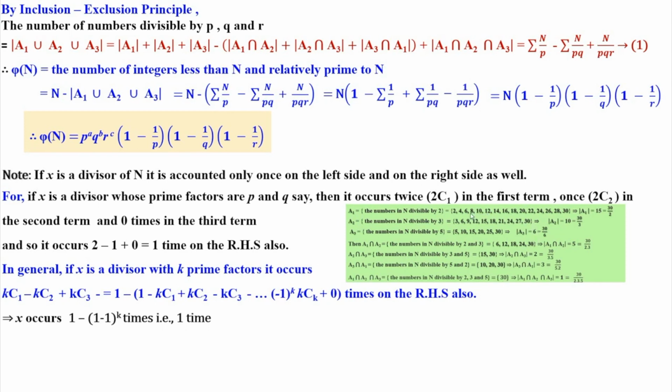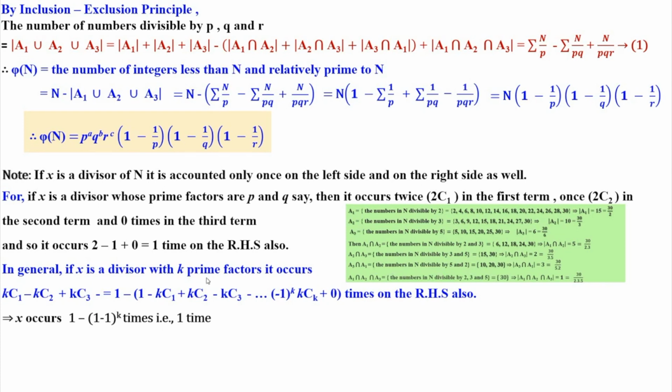So we have 6 occurring twice, so we have written 2. And here 6 occurs only once, so we have written 1. And you don't have 6 in the last one at all, so we have 0. So this is the case of 6 with 2 and 3 as prime factors.